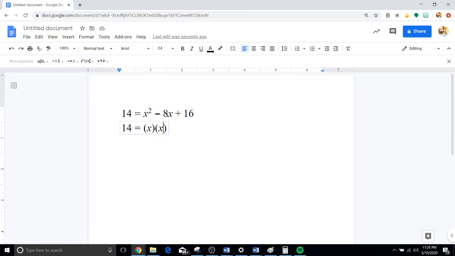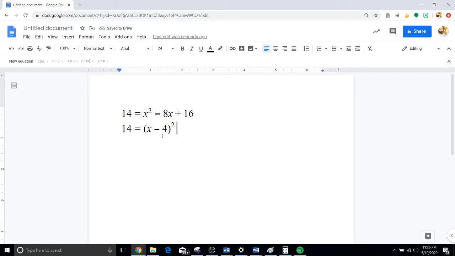Well, half of negative 8 is negative 4. We already found that earlier. So let's do negative 4 and negative 4 again. Now what that tells us is that 14 is x minus 4 to the second power, because x minus 4 times x minus 4 is x minus 4 squared. So let's actually just change that to a squared.